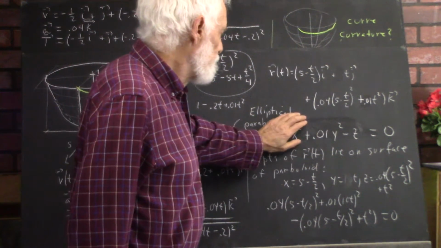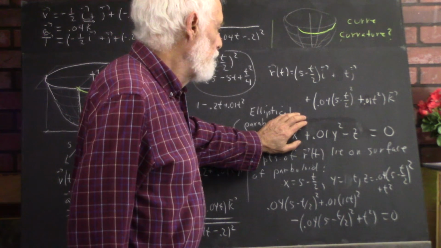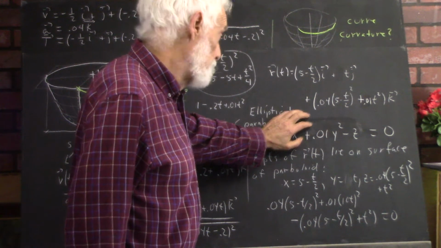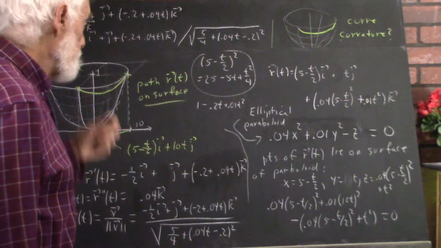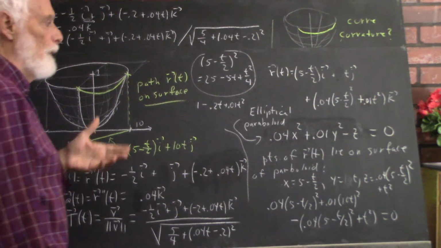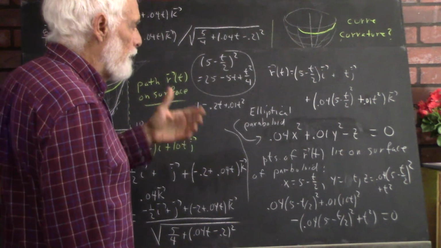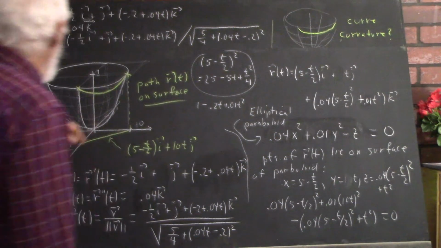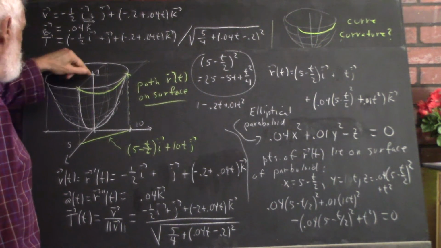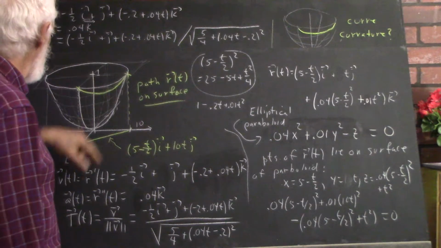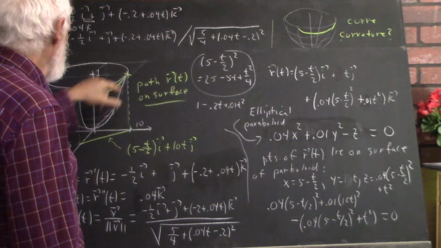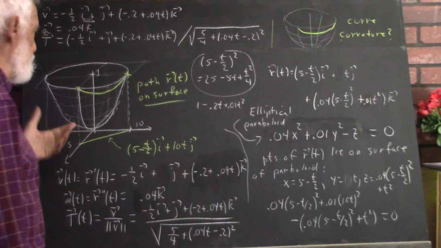And of course, if x is 0, we get z equals 0.01 y squared. If we rearrange this a little bit, that's a parabola. When y is 10 or negative 10, we get z equals 1. So the parabola goes up to z equals 1 here and here. And we just sketch a parabola.